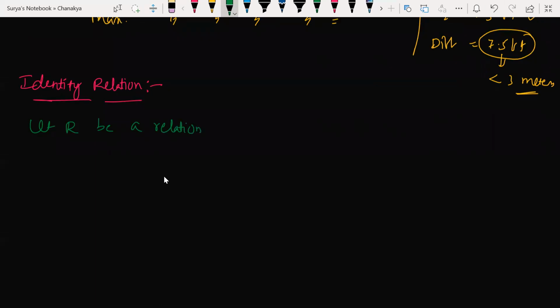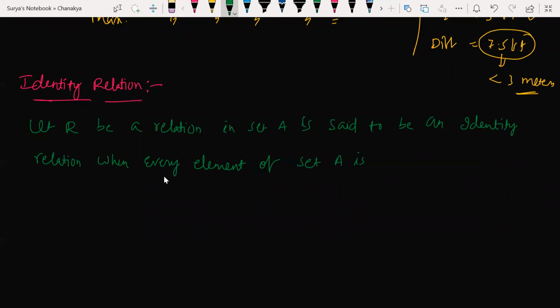Let R be a relation in set A is said to be an identity relation when every element of set A is related to itself only. Okay, so what is the meaning of this?